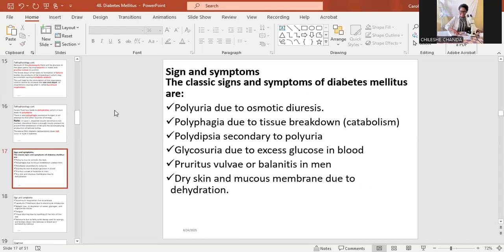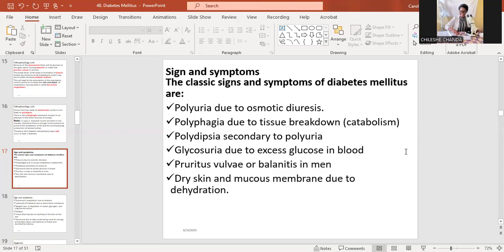They may go into diabetic ketoacidosis, which is a life-threatening condition where there is metabolic acidosis. The patient will go into a coma, and they should be treated as fast as possible before complications take the patient's life.